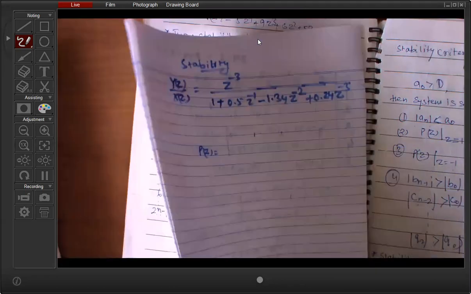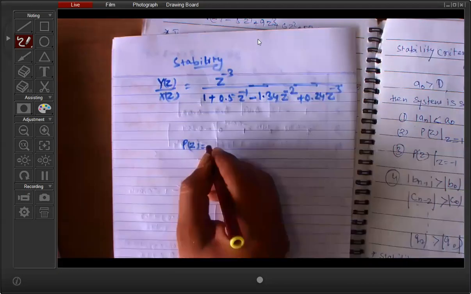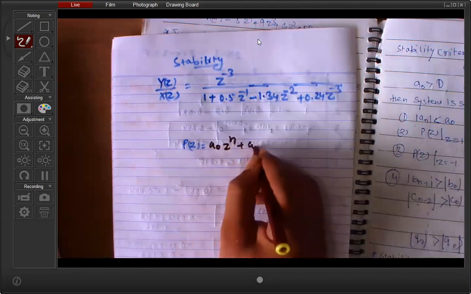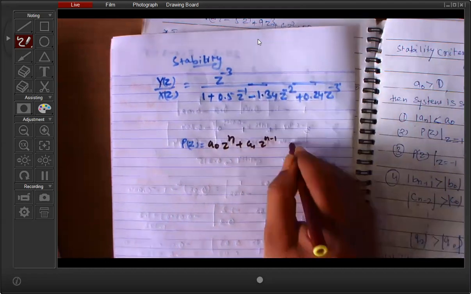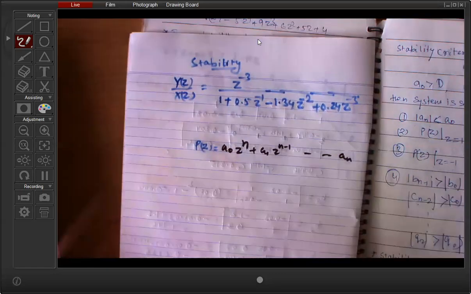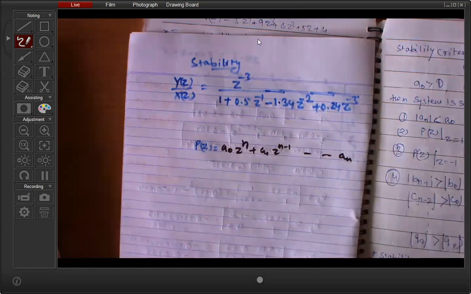So your denominator, quickly tell. The denominator is a0 z to the power n plus a1 z to the power n minus 1 and so on up to an. But in the given system, the denominator is expressed in terms of z to the power minus 1. So how can you solve it?